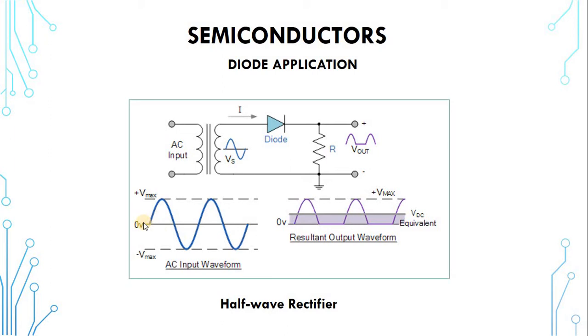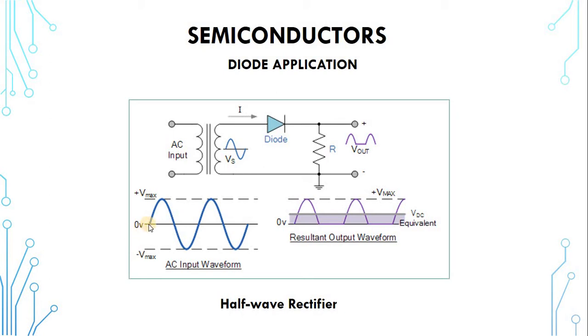If it were direct current, say Vmax is 240, and this is a time axis, at every point in time it will always be 240. So we have a straight line in DC. But in AC, it's not that way.